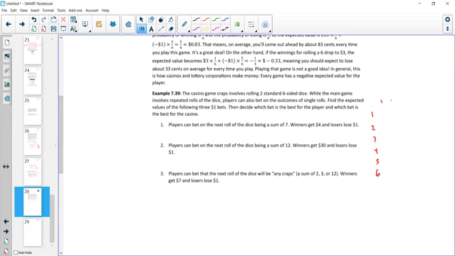So here are 2 dice, and these are our outcomes.